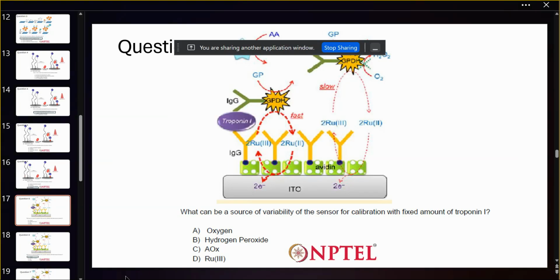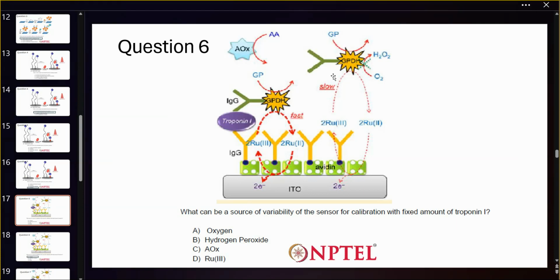In this entire case, hydrogen peroxide is a byproduct of the oxygen reaction. When you have a byproduct, it cannot create any variability. So hydrogen peroxide is out of the question. AOX is an enzyme, so that will be in a specific quantity. Whenever a designer is designing it, the enzyme AOX will be of a fixed quantity.